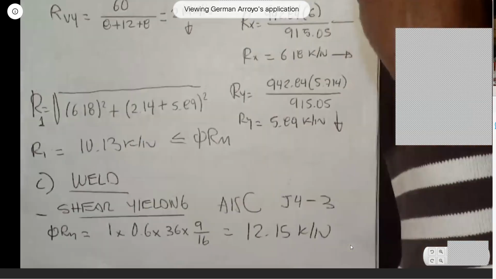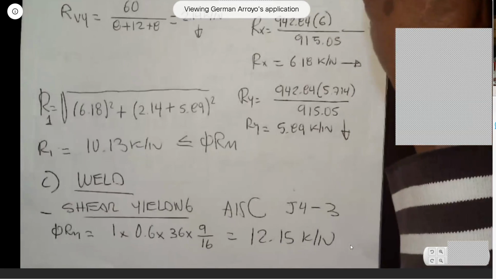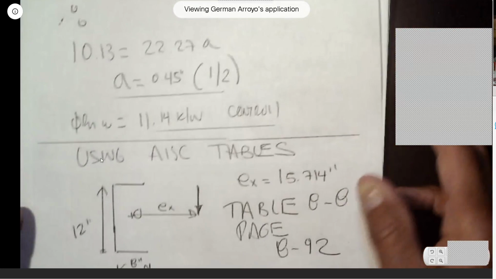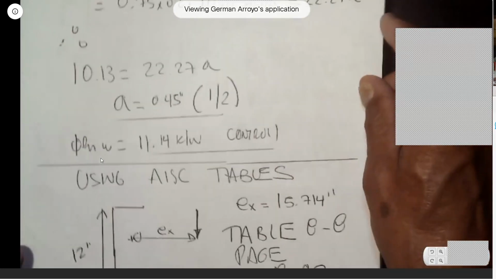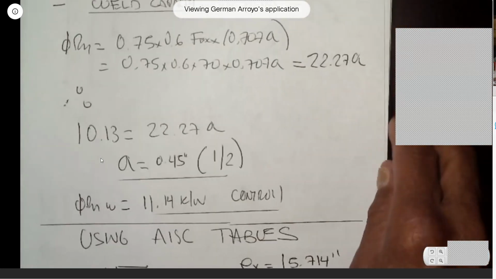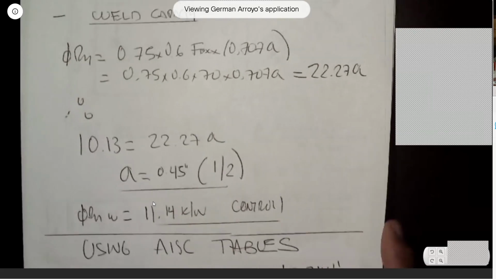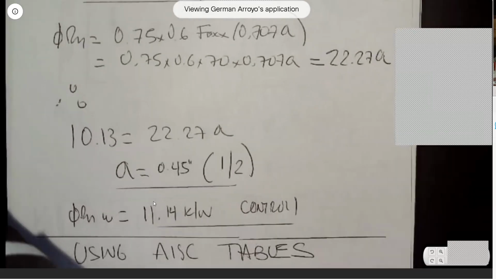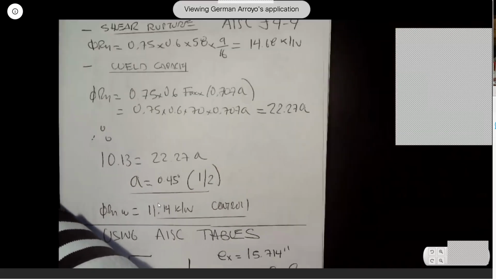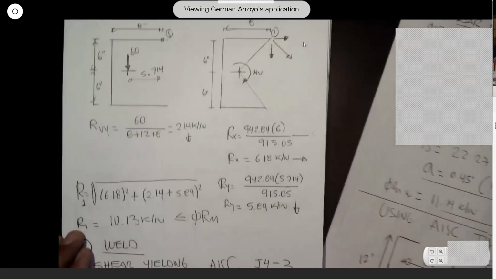The force at point 1 was 10.13. So I'm going to make 10.13 kip per inch equal to the capacity of the weld with a known size. So they gave me D equal to half an inch. I had to compute the capacity, put this back into the equation, and compare 11.14 with 14.68 and with 12.15.